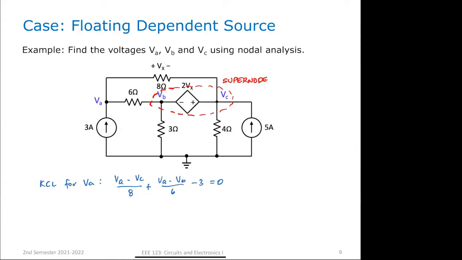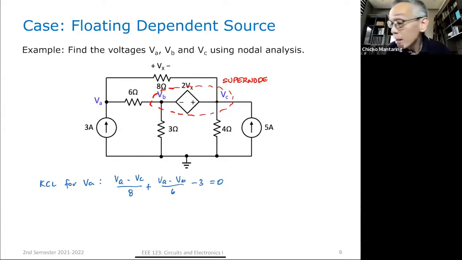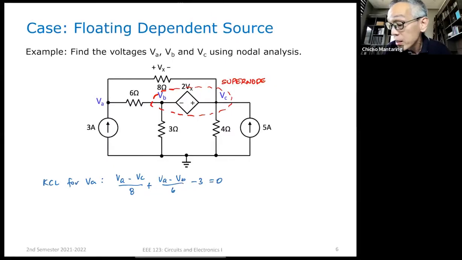Now for the supernode, Clyde, can you tell me what the supernode equation is?